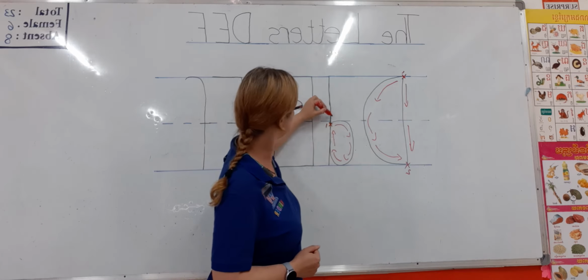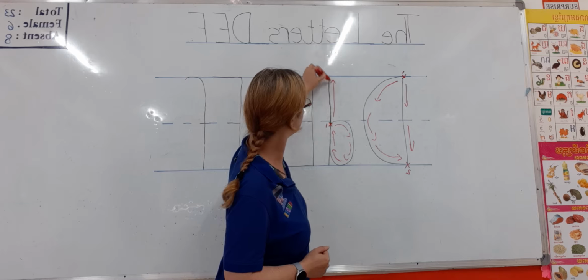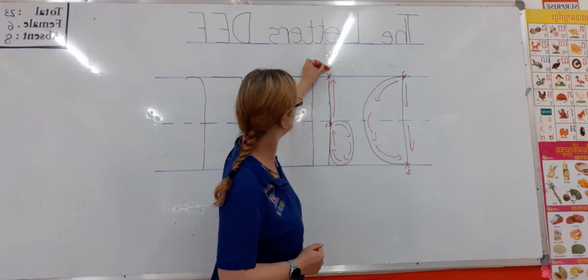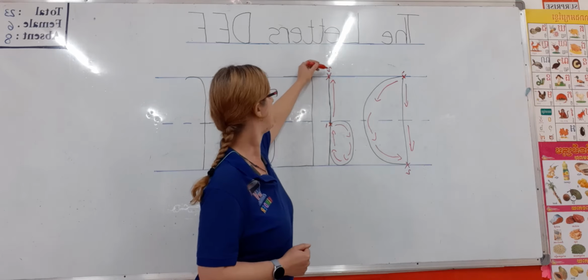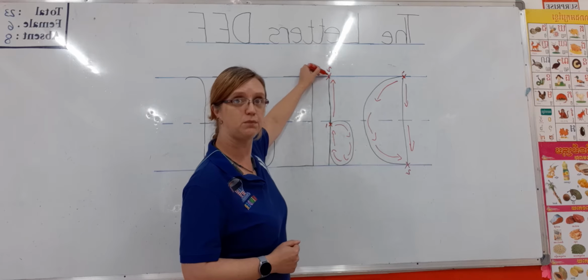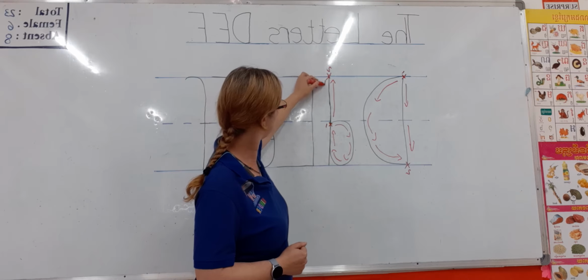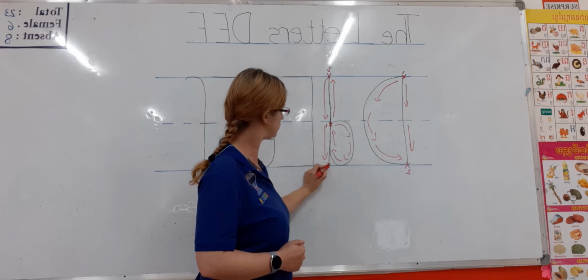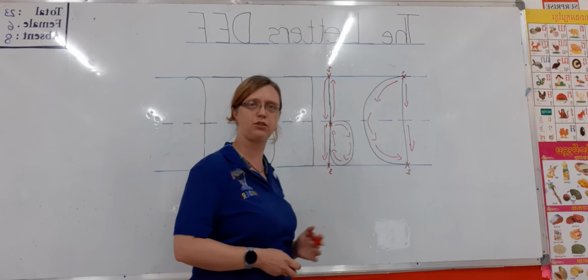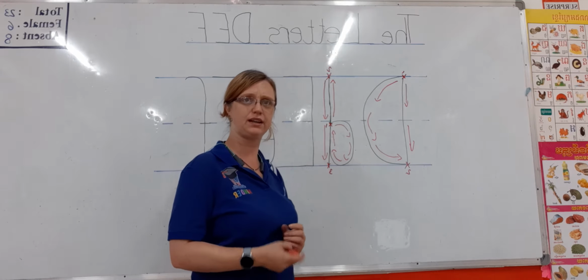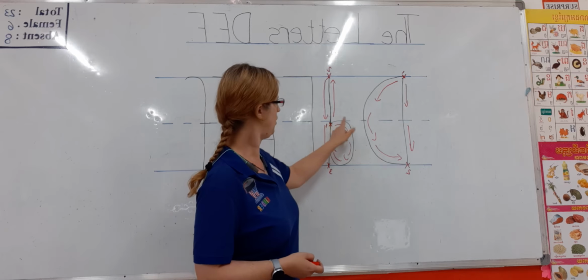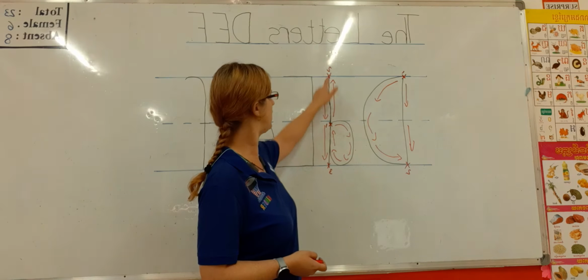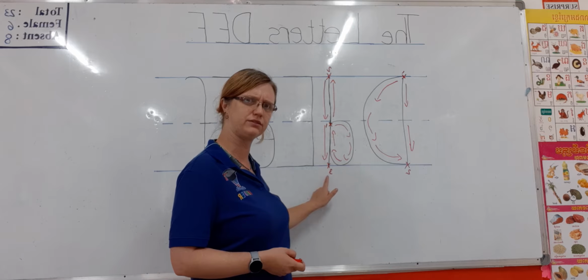But then we're going to keep going up to the top. There's point number 2. Then you're going to keep your pencil on the line and go all the way back down to the bottom line, point number 3. So round, round, round, up, down.